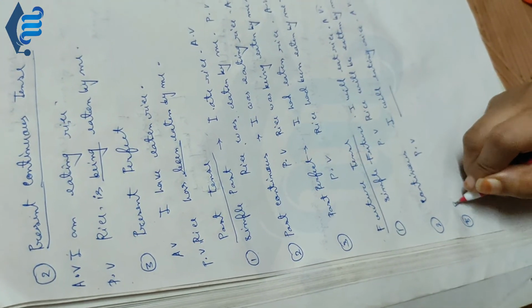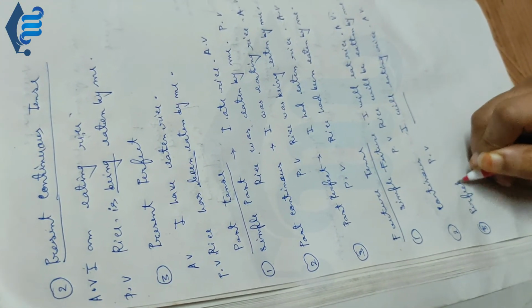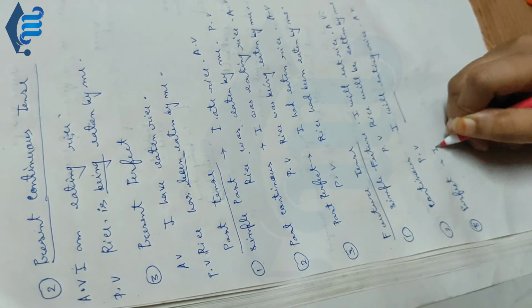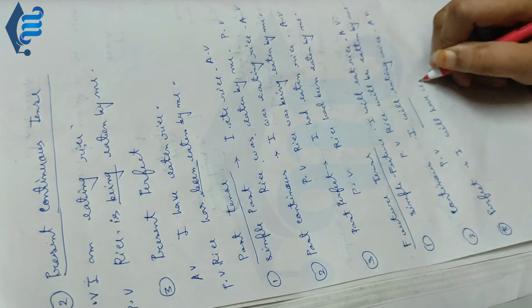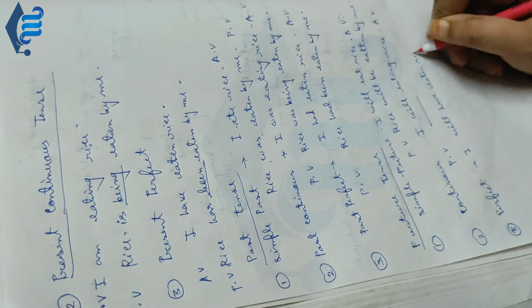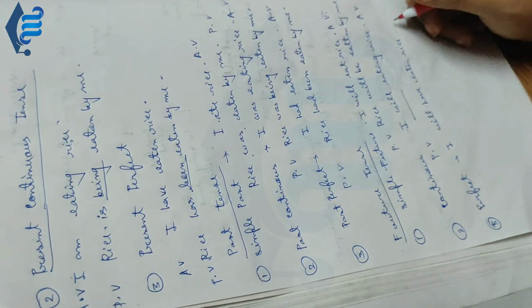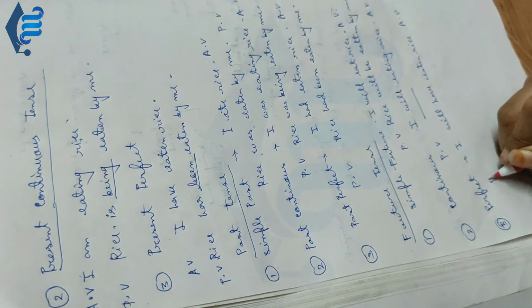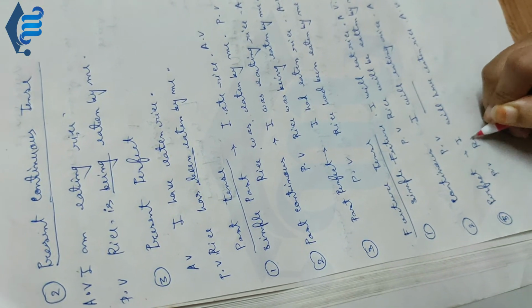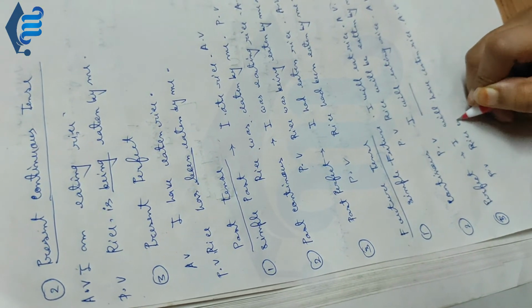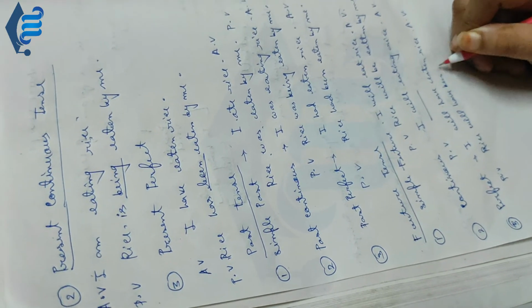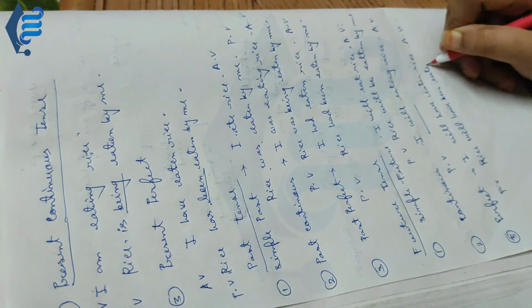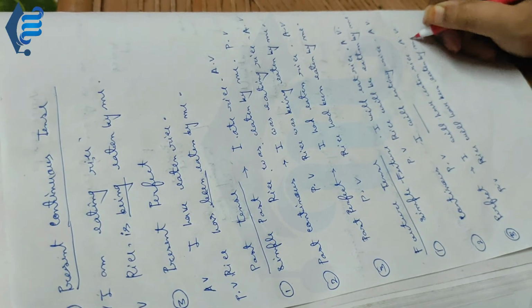Three is perfect tense. I will have eaten rice. It's an active voice, and the passive voice is rice will have been eaten by me.